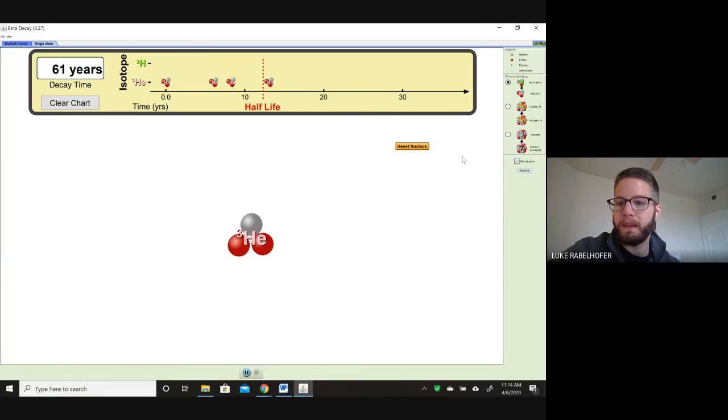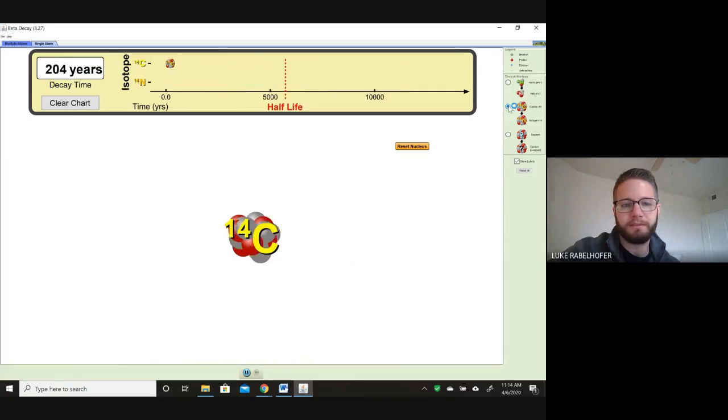All right, now I'm going to do carbon-14 as well. So here's carbon-14. It's moving around. There it goes. It beta decays. So the blue shoots away, the green shoots a different way. This one, you can see it takes 6,000 years. Okay, so 6,000 years.